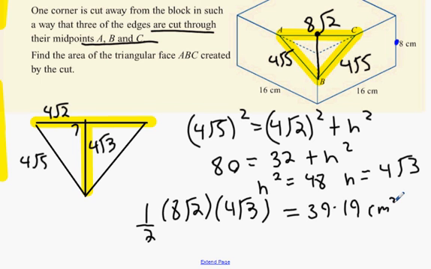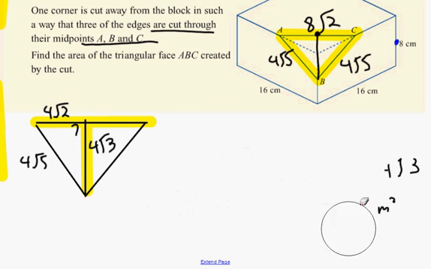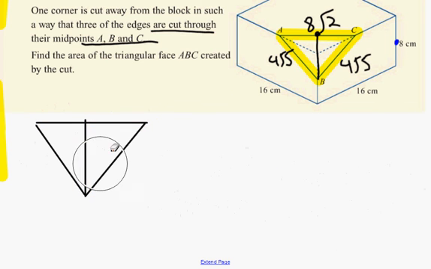Okay. Now what we're going to do next is a different trick. Trick number 2, which you learned in the last exercise. We're not going to use this formula. We're going to use 4 root 5, 4 root 5 and 8 root 2.